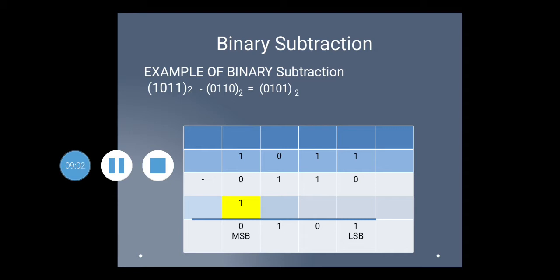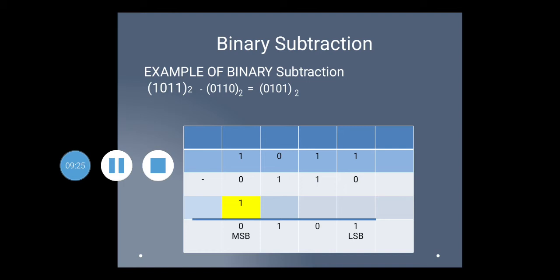On the right side, A is 1 and B is 0. So 1 minus 0 is 1, and also no borrow is generated. So the next column when you are subtracting, that is 1 minus 1, since borrow is not there. So 1 minus 1, next column you get the answer 0, and also no borrow is generated.